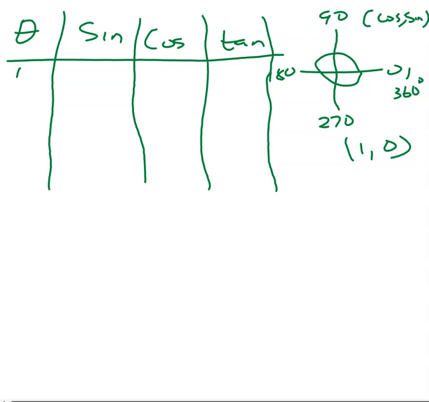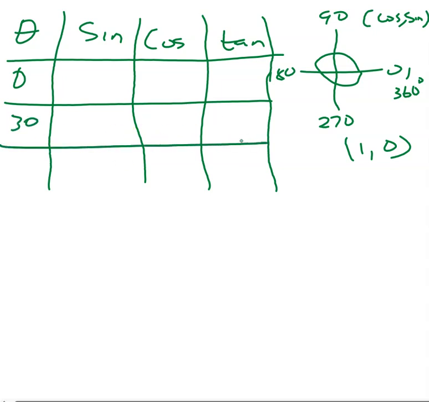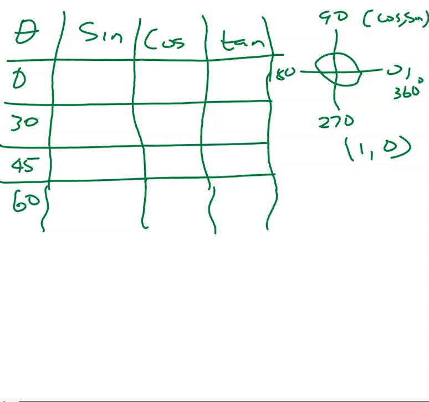So we're going to start with 0. Then we go to 30. Then we'll go over to 45. Then we'll do 60, and then we end at 90 degrees right here.